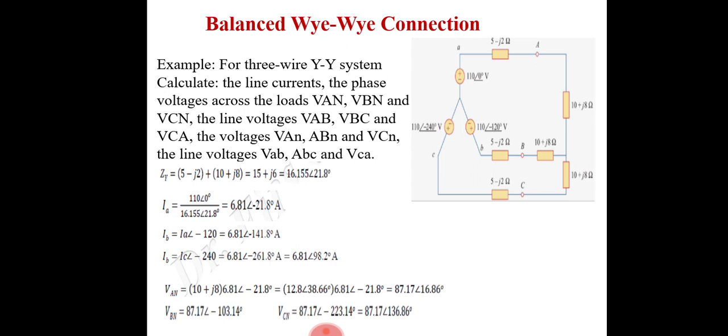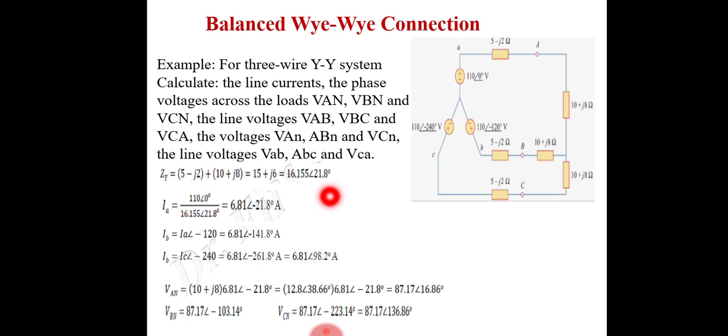Now we see the example. For a 3-phase, 3-wire star-star connected system, calculate the line current, the phase voltages across the load VAN, VBN and VCN, and the line voltages VAB, VBC and VCA.